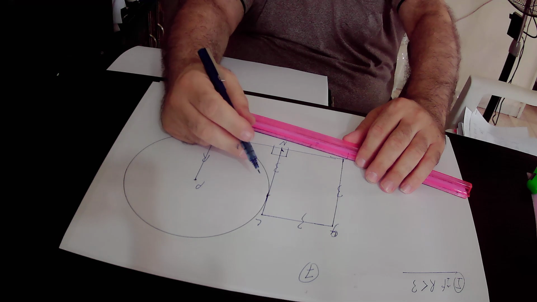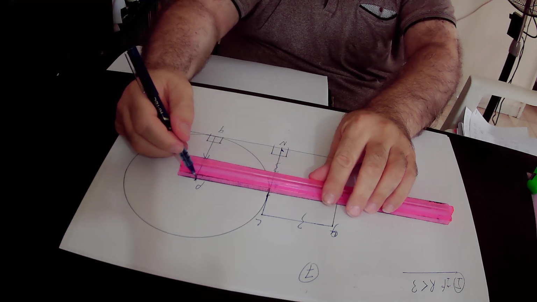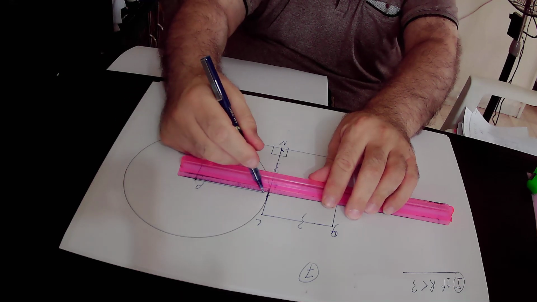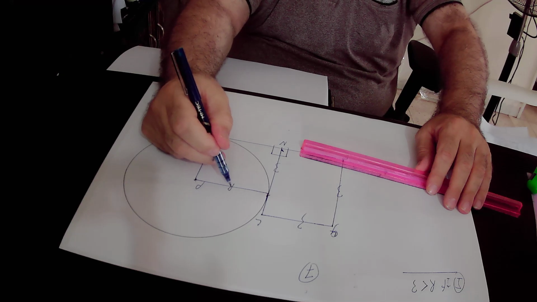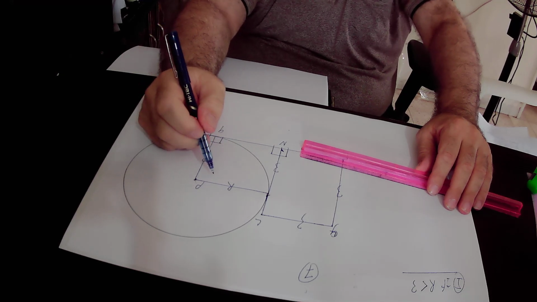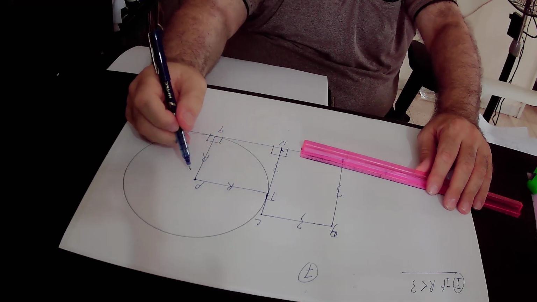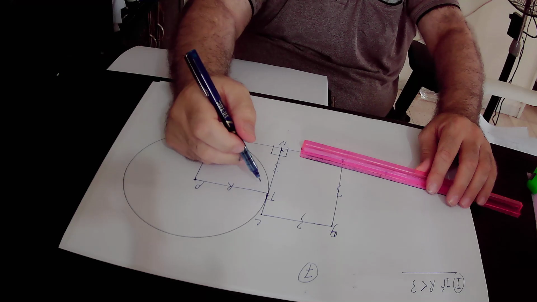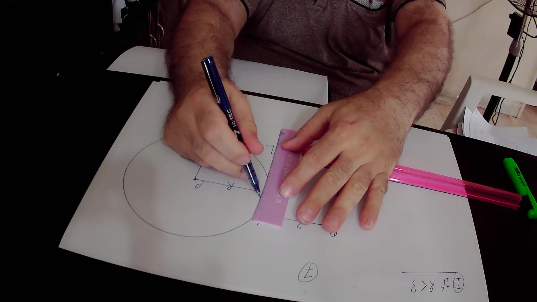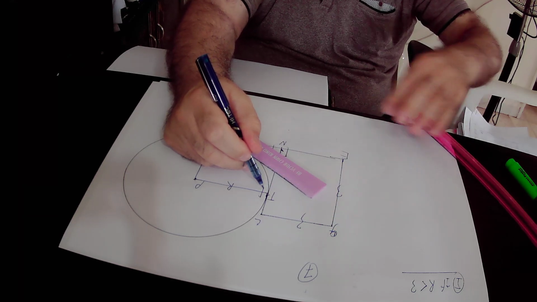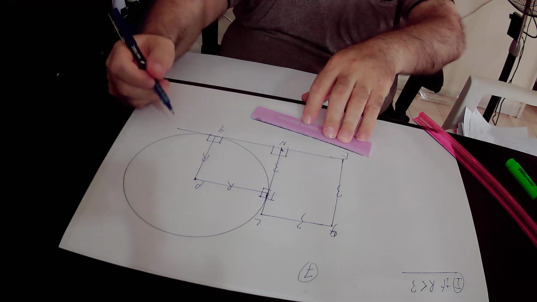So this is the point of tangency. This is the radius of the circle that is less than 3 units. And we have the radius PT that is drawn to the point of tangency. Therefore, this angle equals 90 degrees. And this angle equals 90 degrees according to rule number 1.